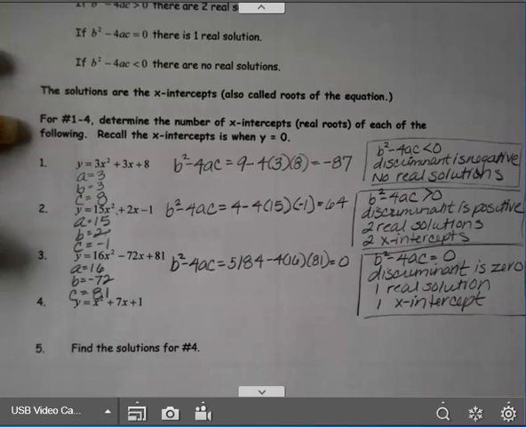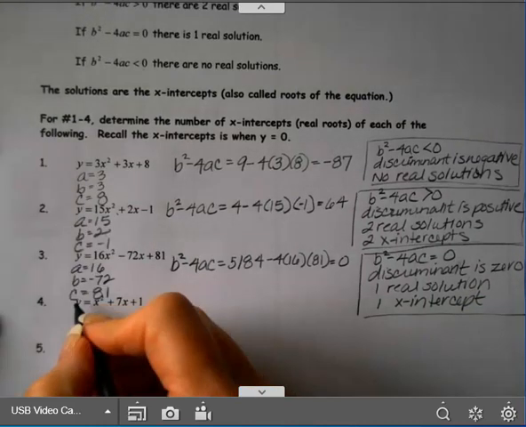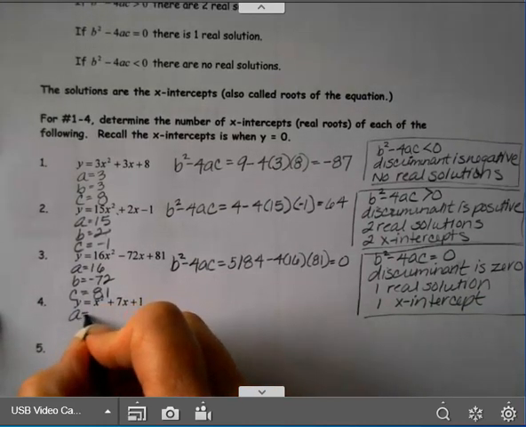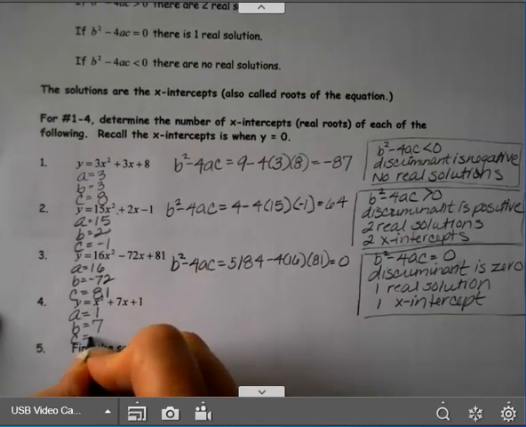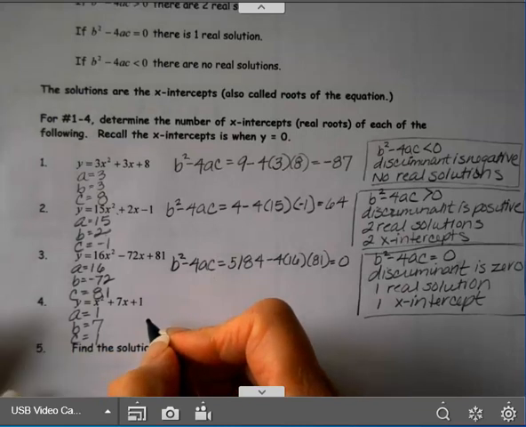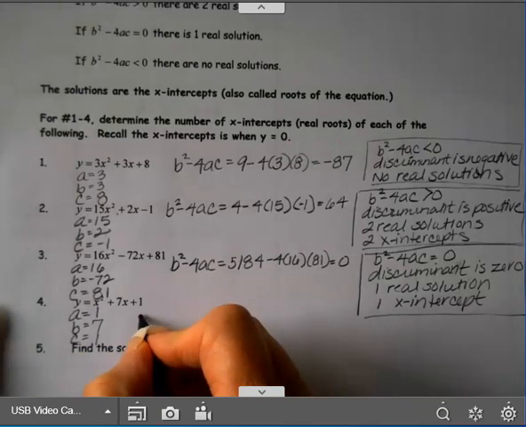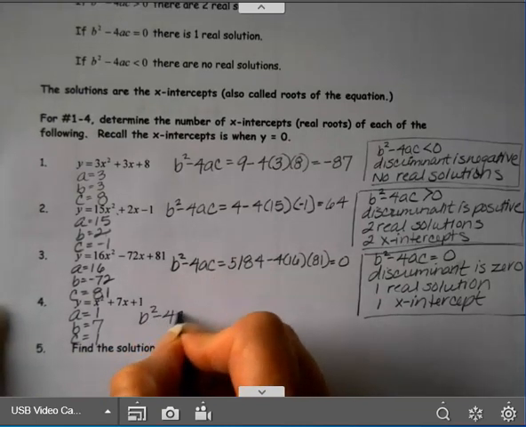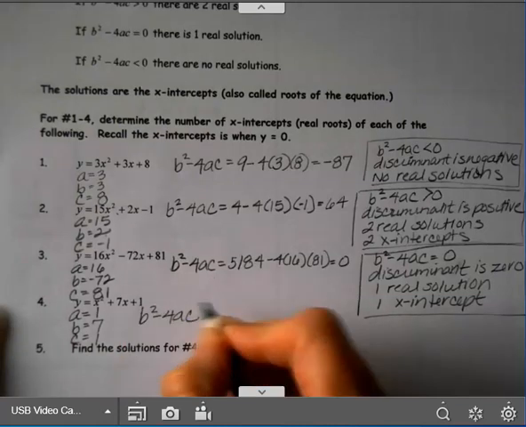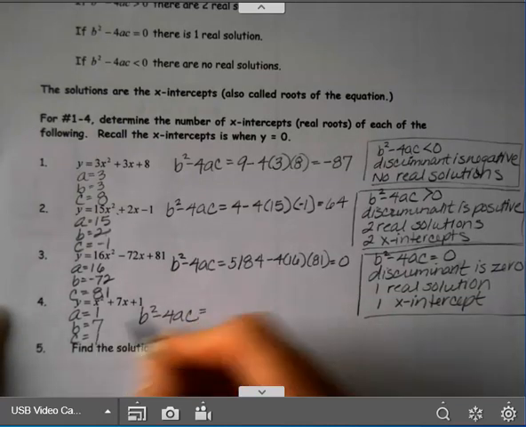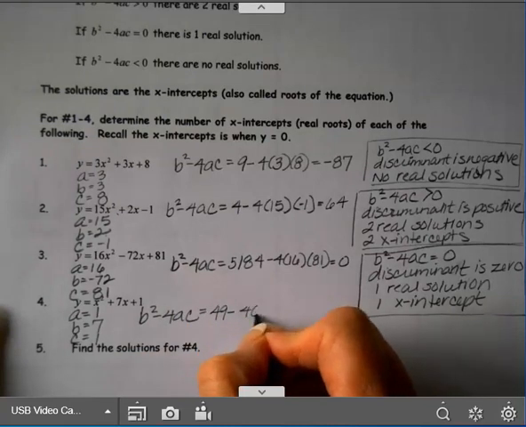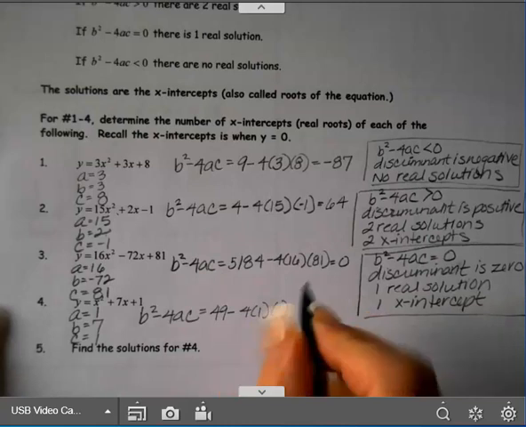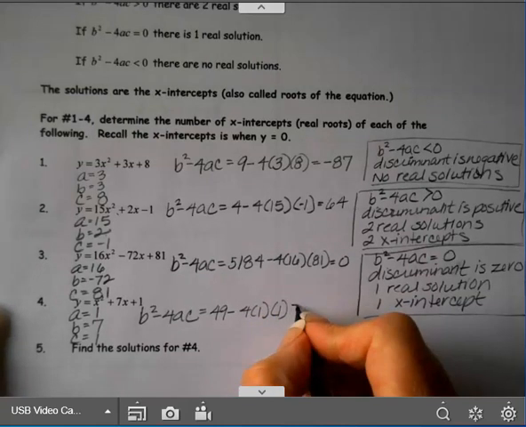On number 4. Again, y is 0 when we solve these. So a is 1, b is 7, and c is 1. So we have b squared minus 4ac for my discriminant. And when I square b, I get 49 minus 4 times a, which is 1, times c, which is 1. And that gives me 45.